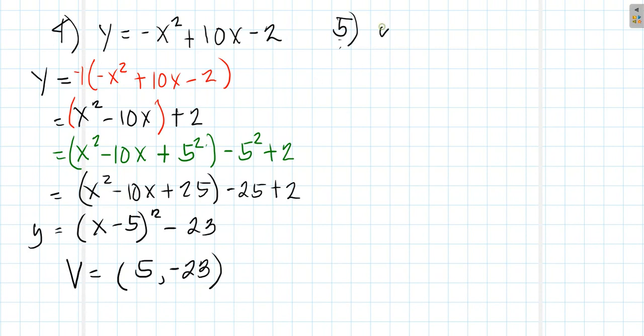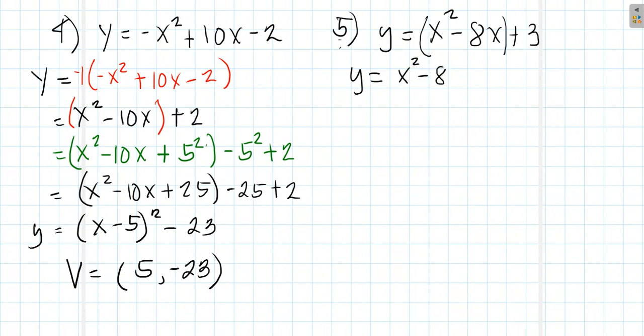if we have y equals x squared minus 8x plus 3. So y equals, we combine, so we have x squared minus 8x plus... 8 divided by 2 is equal to 4, then you square it, then subtract 4 squared, then you copy 3. And this is now, i-complete natin.